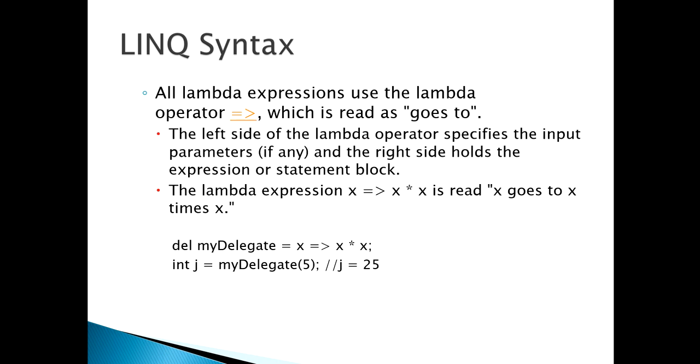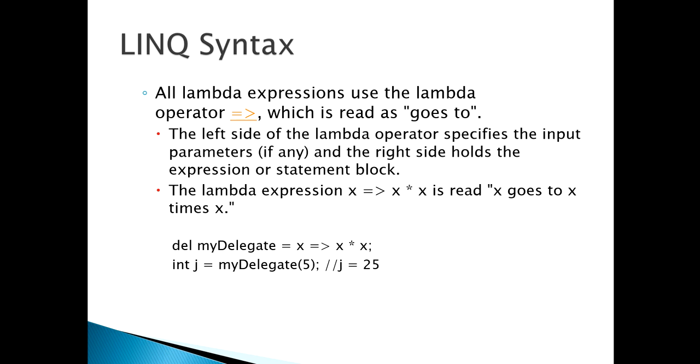Here's a quick example. This lambda operator, the equal sign and the greater than sign together, we normally read aloud, and you've probably heard me say this before, as goes to. The left side of the lambda operator defines the input: if I'm giving you this, do what with it? Well, that's on the right-hand side.